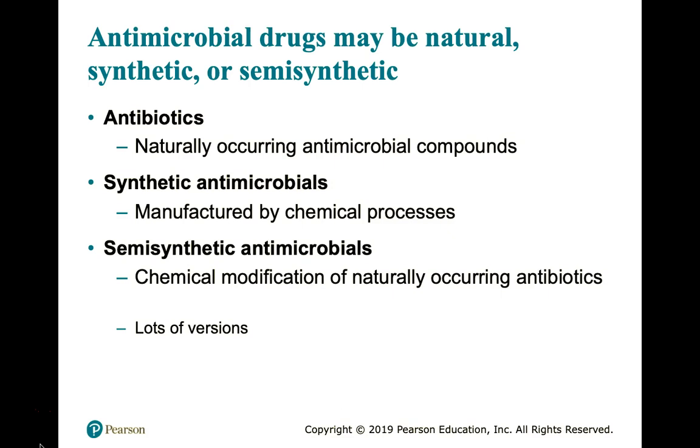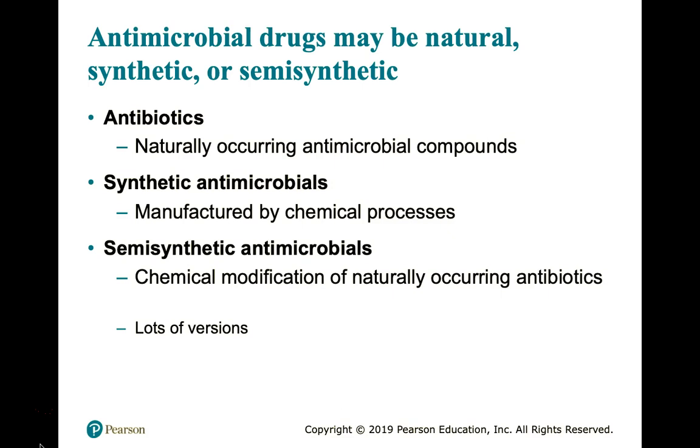What's interesting is penicillin and ampicillin and amoxicillin, all the cillins, you would think they all have a similar structure, and they do. They actually have a very similar structure. But there are slight differences that are created when we use semi-synthetic antimicrobials.